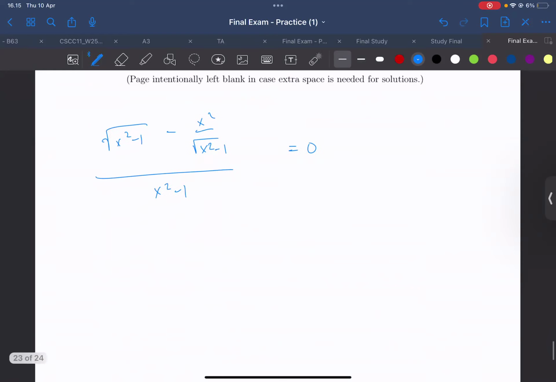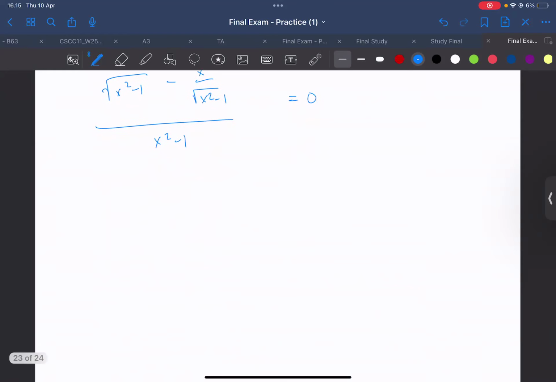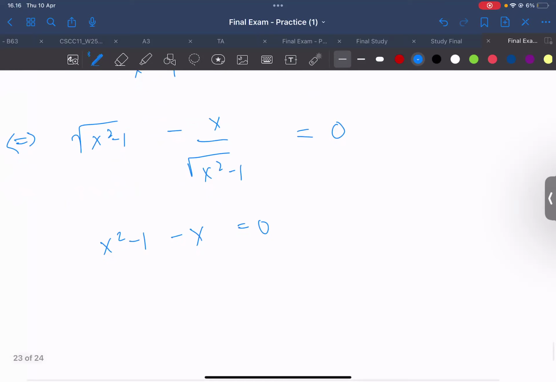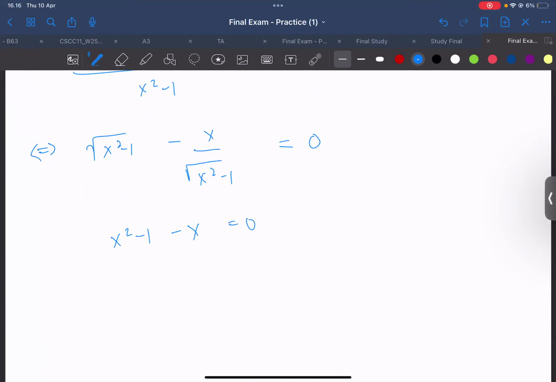We equate it to 0, and if you multiply both sides by x squared minus 1, we get square root of x squared minus 1 minus x over square root of x squared minus 1. Then if you multiply everything by square root of x squared minus 1, you get x squared minus 1 minus x equals 0. If you try solving this, there will be no answer. So there will be no points of inflection.